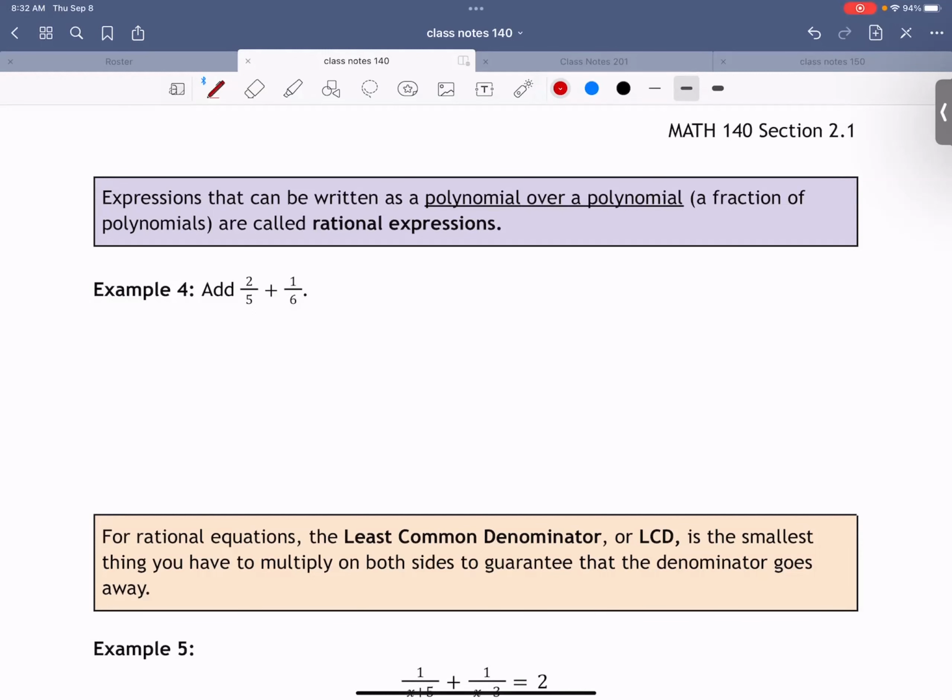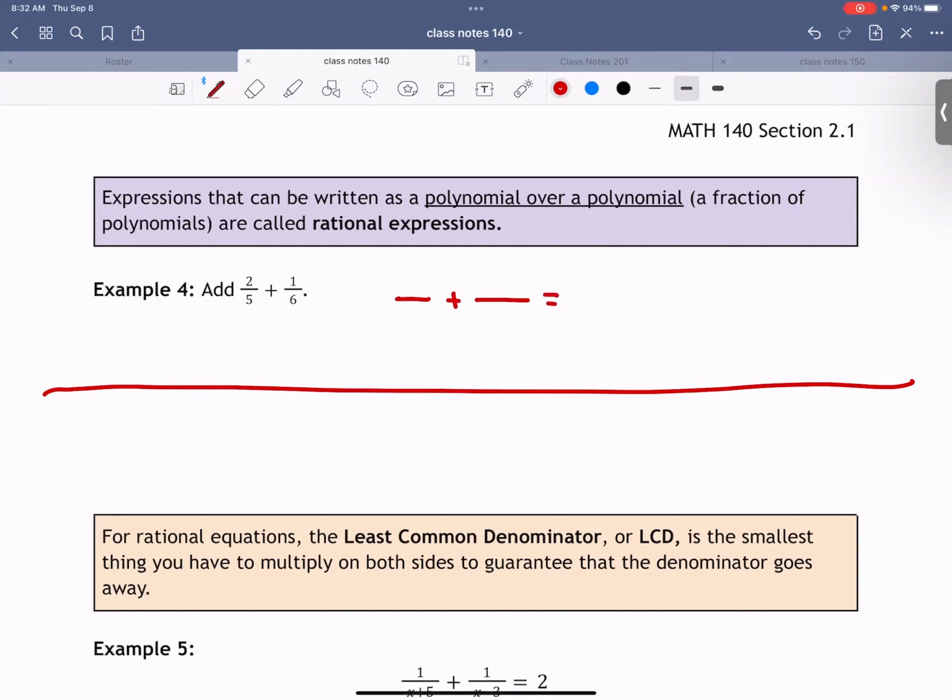And I want you to leave some space down here. I know it's not much. When I add these fractions, you always want to find what's called the least common denominator. What's the LCD in this example? Yes, 30.